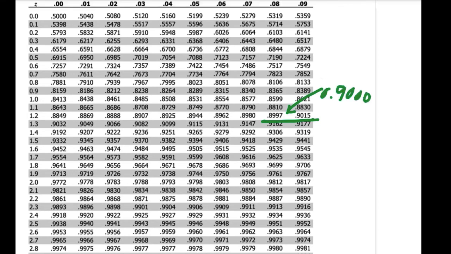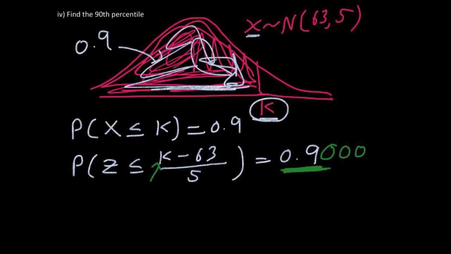Okay, therefore we can consider this number instead of 0.9000 and find the position, which is the z value of this number, that is 1.28. Alright, according to the table, it was a 1.28 z value.